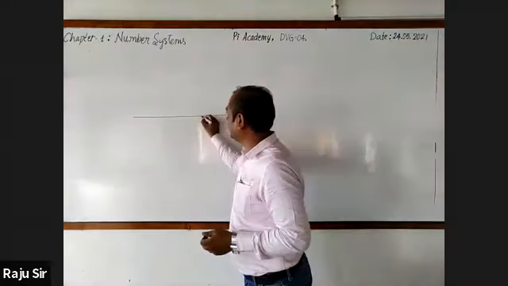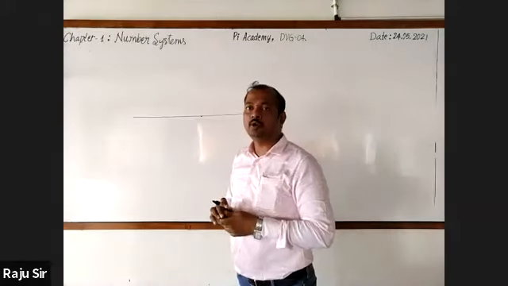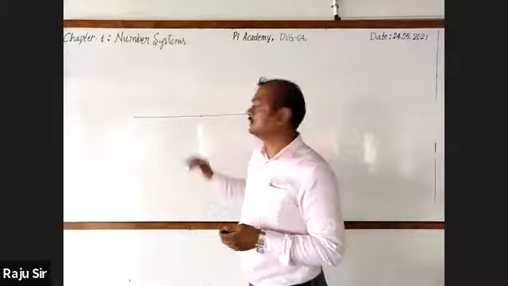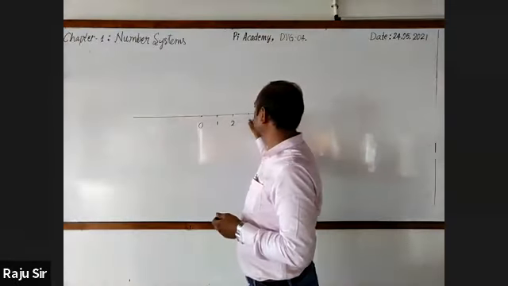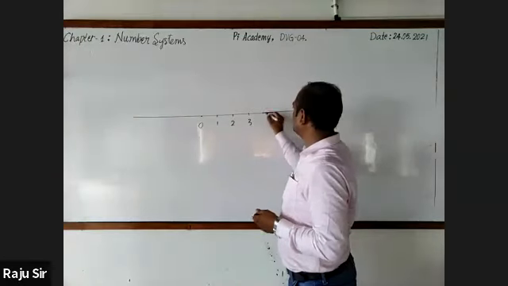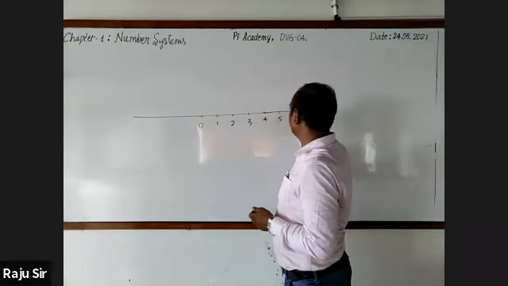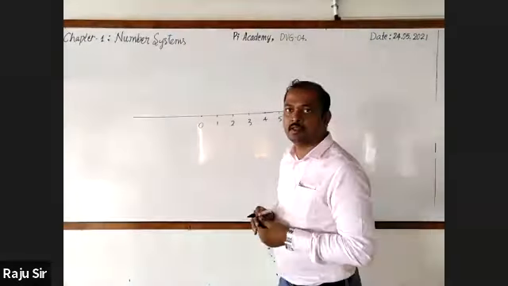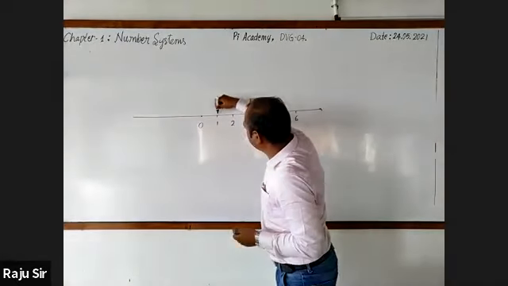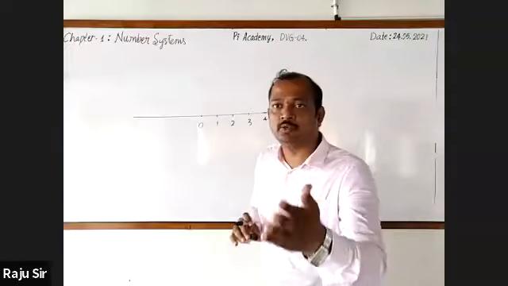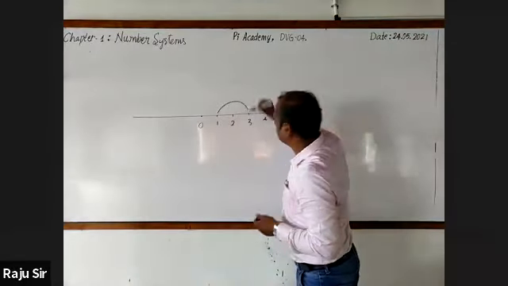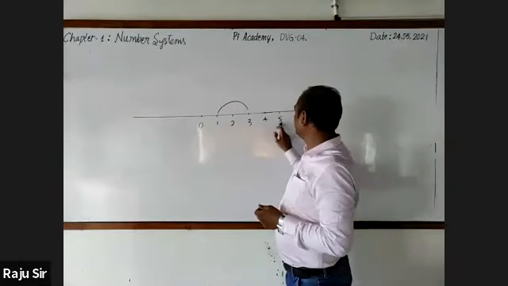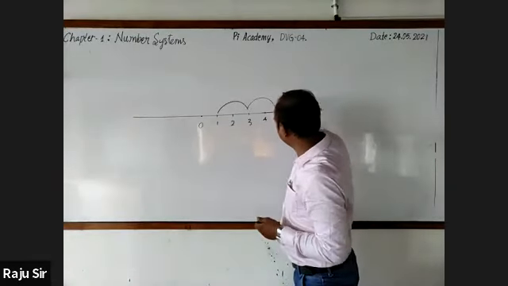On the number line, you know how to write the numbers. Here 0, this is 1, this is 2, this is 3, 4, 5, 6. Look here. The numbers which are not divisible by 2 are all odd: 1, 3, 5, 7, and so on.